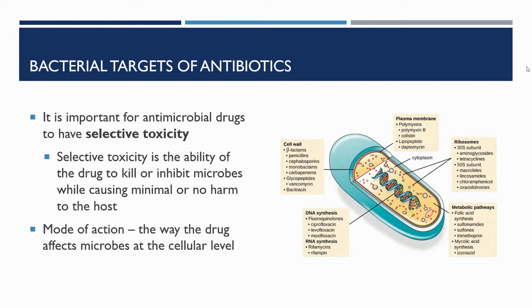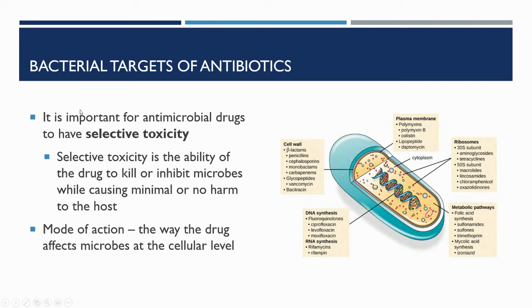This is called selective toxicity. We want to find parts of the target cell or prokaryote that can be attacked without that same drug attacking our cells. There are a lot of parts that all cells have in common, so we have to look at what's different so that these antibiotics don't attack our cells.